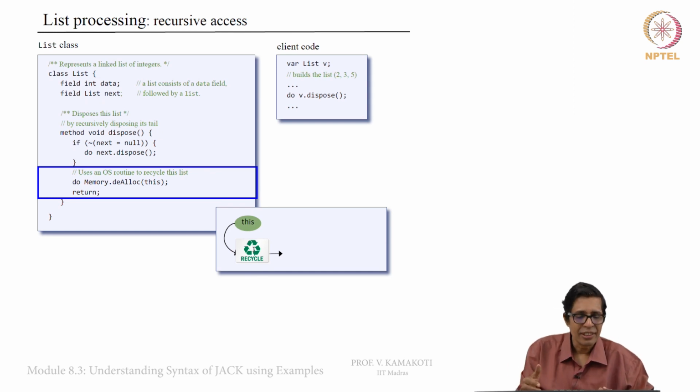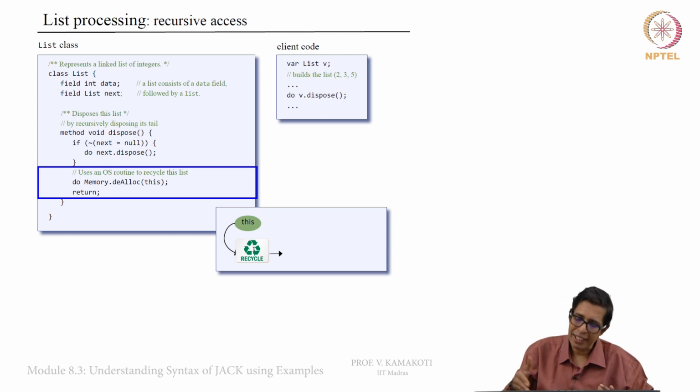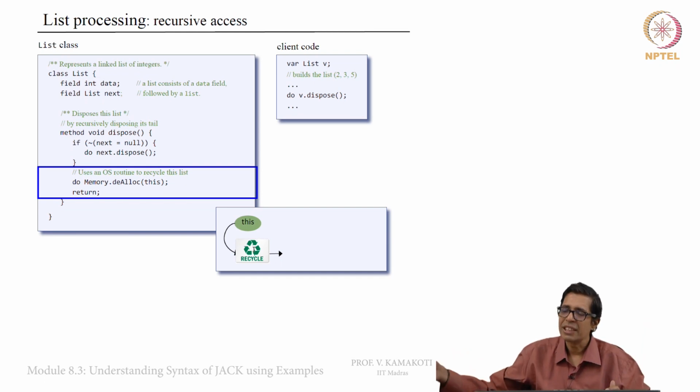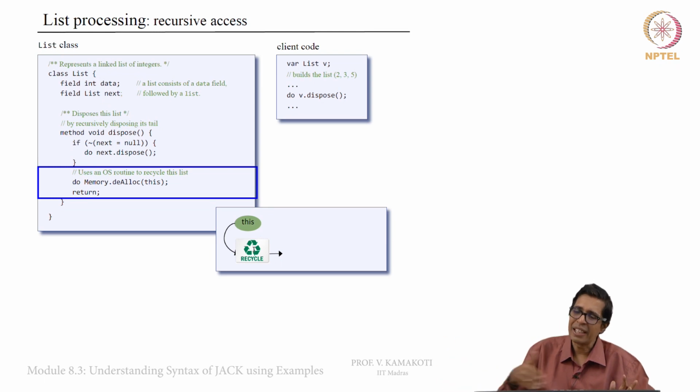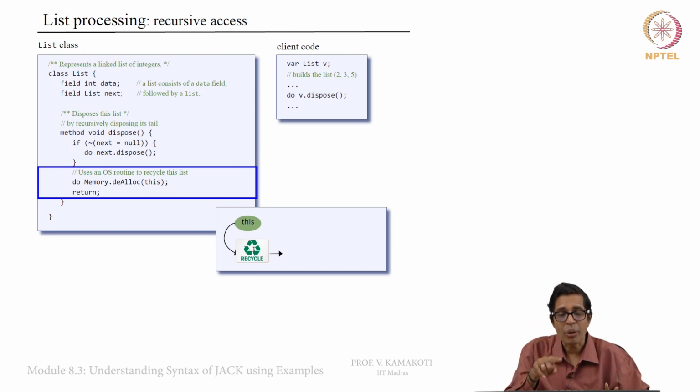So then we disposed the last one, then the next one, then the next one. So we went one full scan from the top of the list to the end of the list, and while returning back we kept disposing them one after another, and we came here. But note that every call had its own this, right?